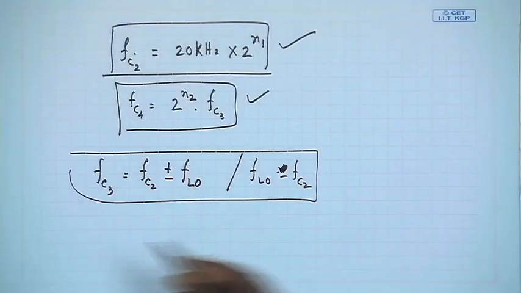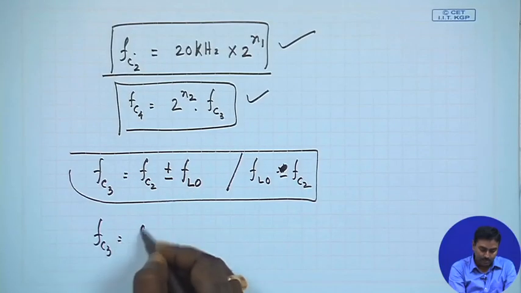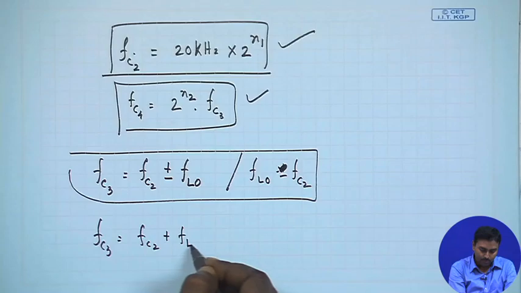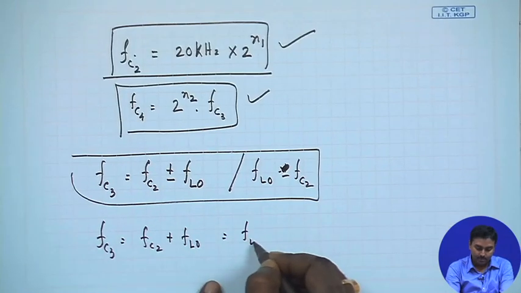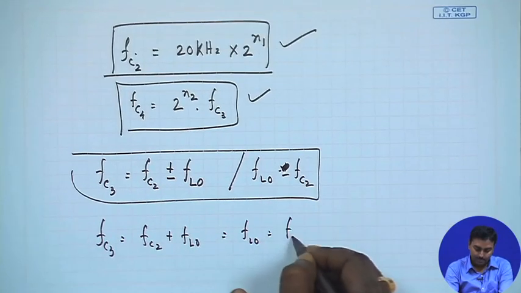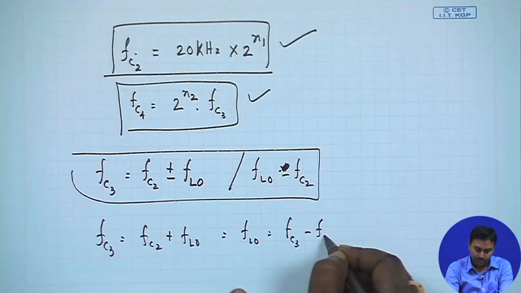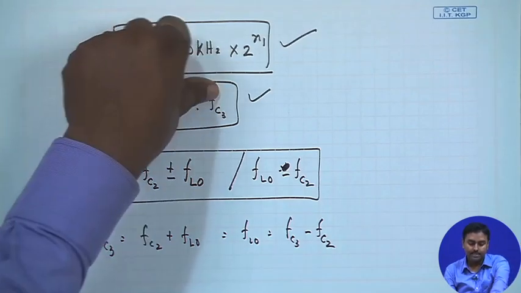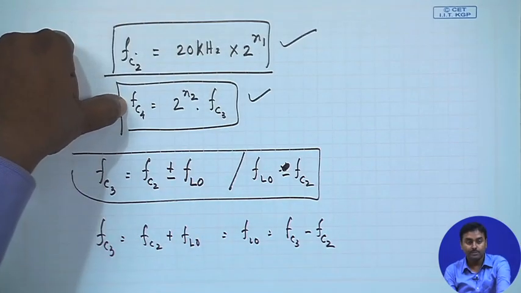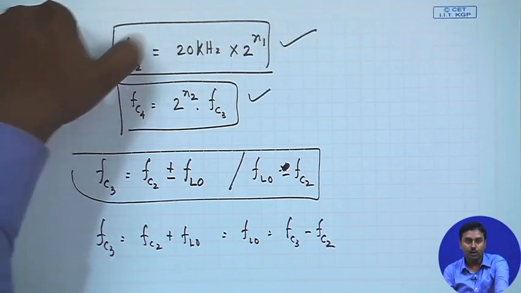So, suppose first case I take Fc3 is equal to Fc2 plus FLO, then immediately FLO will be Fc3 minus Fc2. Okay. So, Fc3 you can represent with respect to Fc4, which you know, and Fc2 you already know.